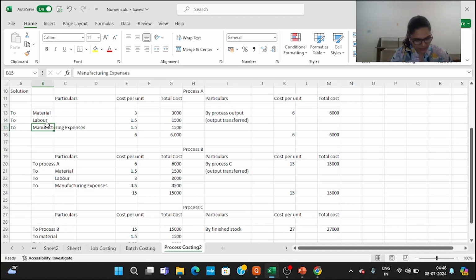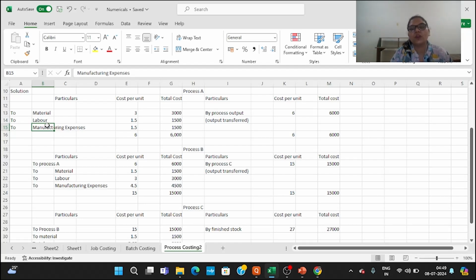Similarly, direct expenses, all those expenses which are exclusively incurred for a respective process, are debited to the process account as direct expenses. Indirect expenses, all those which are jointly concerned with various processes, are called indirect expenses, and these expenses are distributed to individual processes on some suitable basis.